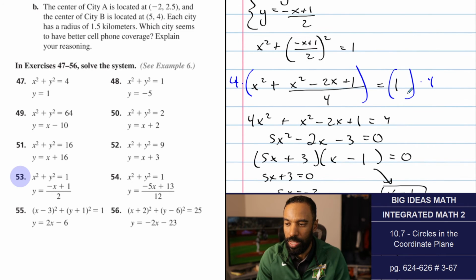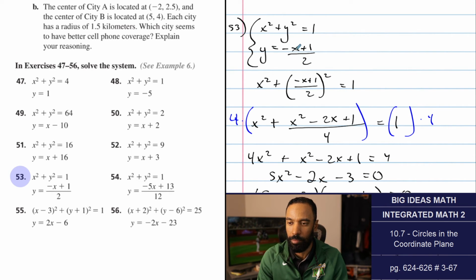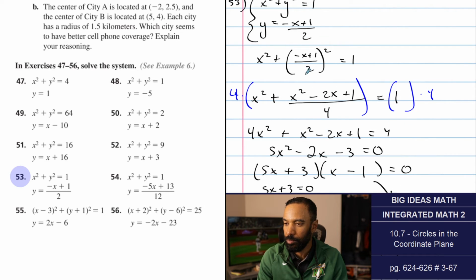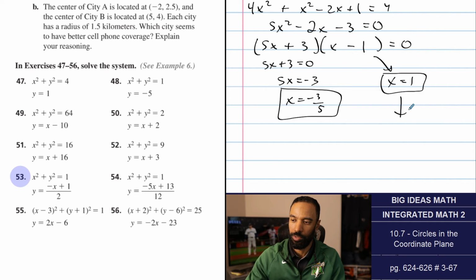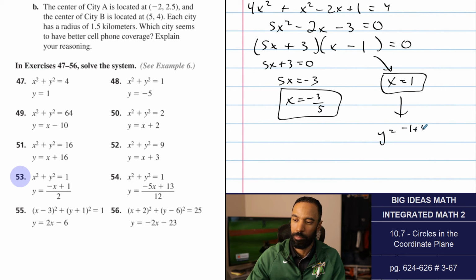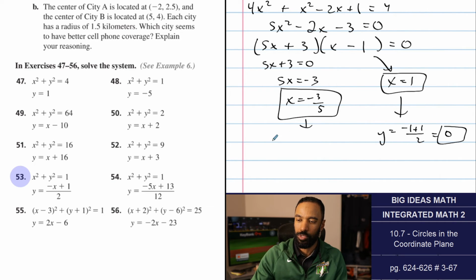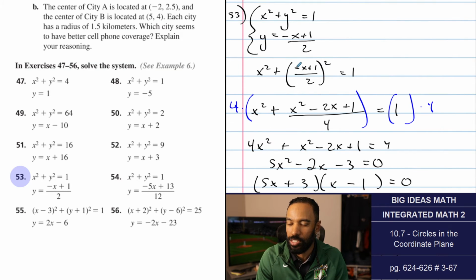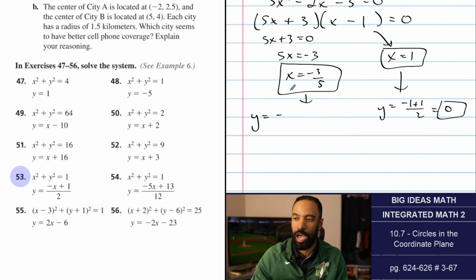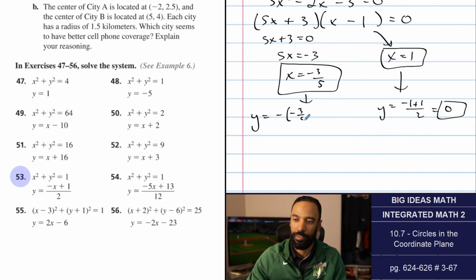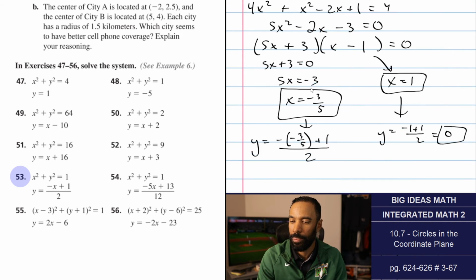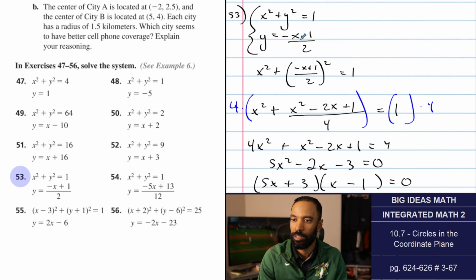We'll substitute both of them for y in the preferred equation, probably that bottom one there. Let's use the x equals 1 part first. Negative 1 plus 1 over 2. So y is negative 1 plus 1 all over 2. That's 0. And when x equals negative 3/5, y is the opposite of negative 3/5 plus 1 all divided by 2.